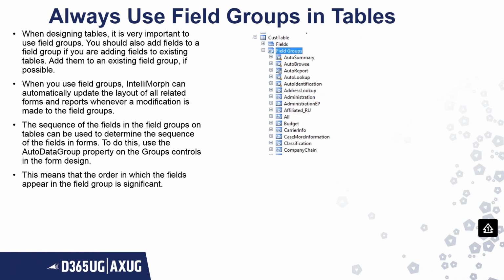So you can always arrange that when you're using the auto data group property. You can just keep the data group property set to auto, and AX will take care of it. This means that the order in which fields appear is very significant. So if you want to rearrange the order and stuff like that, always use field groups.